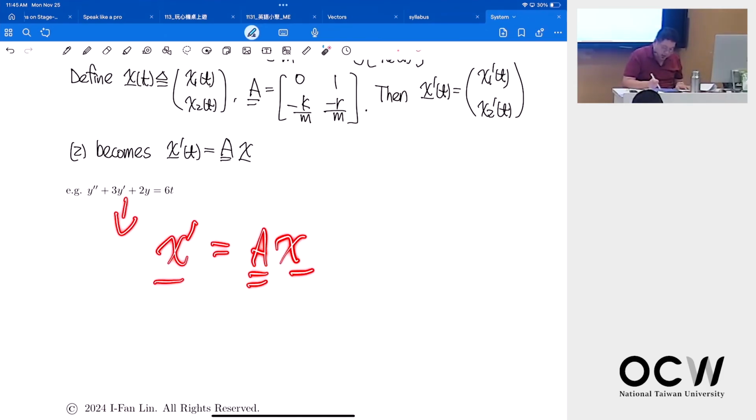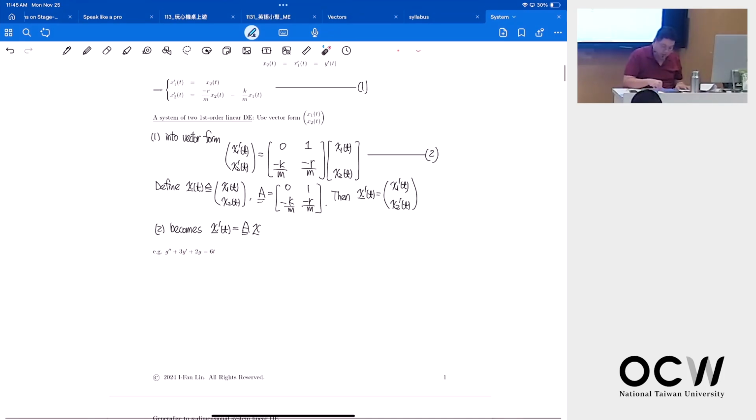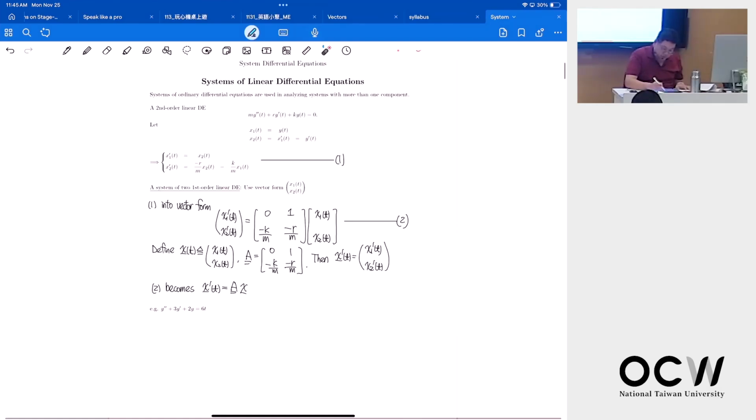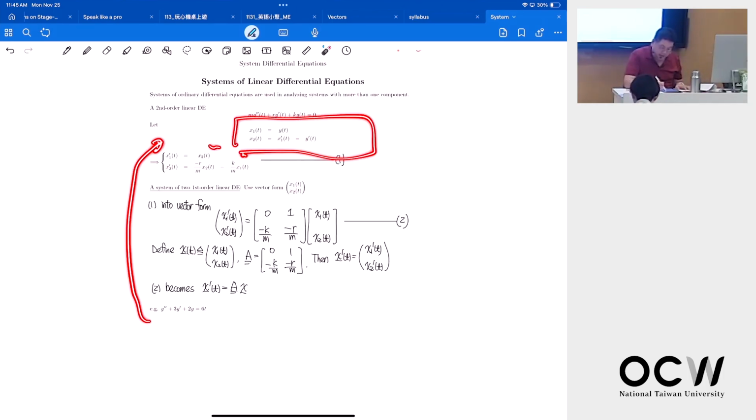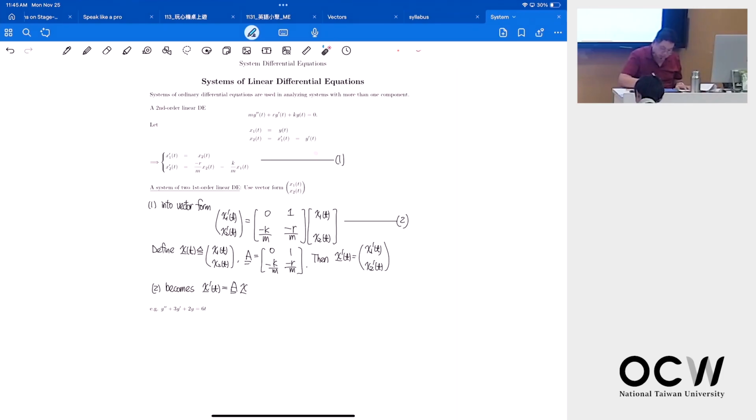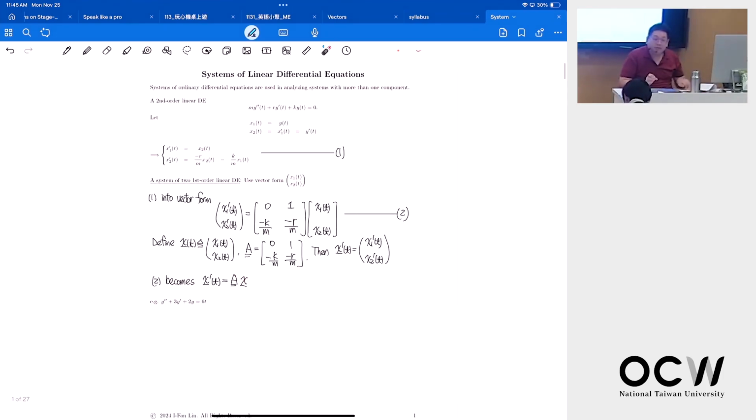Then what is x, and what is A? Use the same trick. First you need to let x1 equal y, and then x2 equals y prime, and then you can write it down in the matrix form. Let me give you 3 minutes to do it.